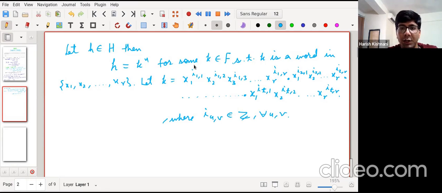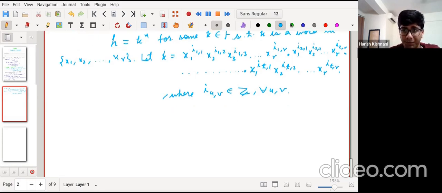So if you allow these indices from Z, it takes care of those, since xi dash is the same as xi raised to minus 1, and these indices may be 0 as well. For example, pick k to be x1 squared, x2 cubed, x1 inverse, or say x3.